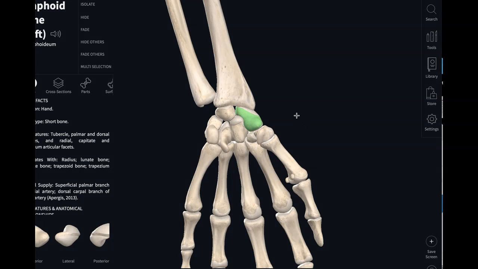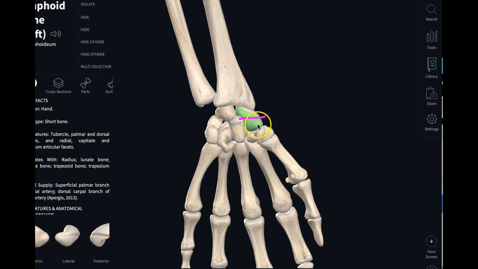So the problem with the scaphoid is if you get a fracture through this bone, and there's a separation between these two aspects of the bone, the blood flow to this bone is only coming from this end of the scaphoid.